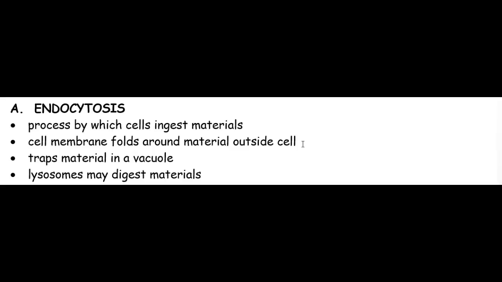Materials get ingested by the cell, and the cell membrane folds around that material, and that allows it to travel throughout the cell. Sometimes, as an aside, lysosomes may trap materials that are coming in and digest them, whether they're harmful or not useful to the cell.